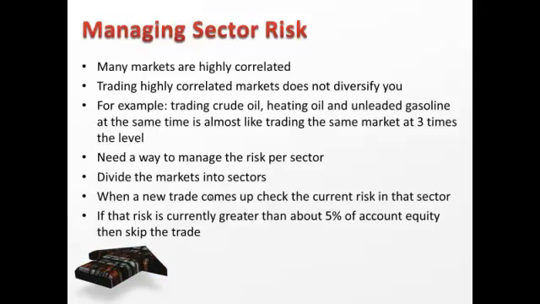Well, in my case, I'd want to reject that heating oil trade, because I like to make sure that the risk per sector does not exceed about 5%. And let's just look at an example to make this a little bit clearer graphically.